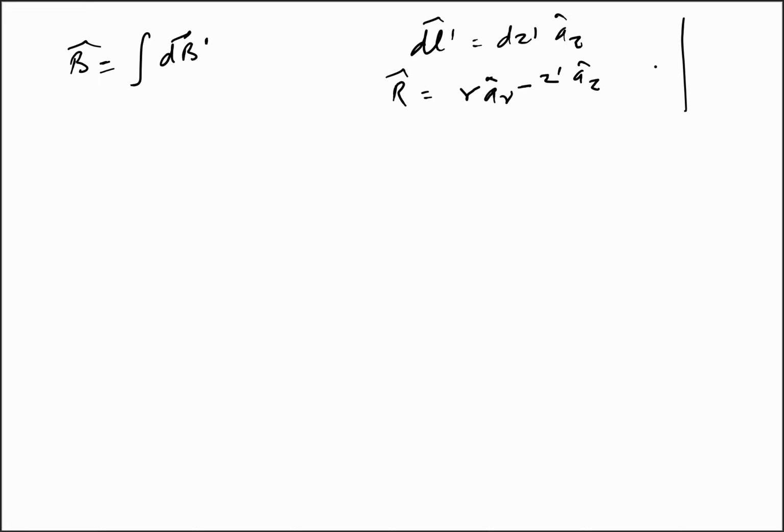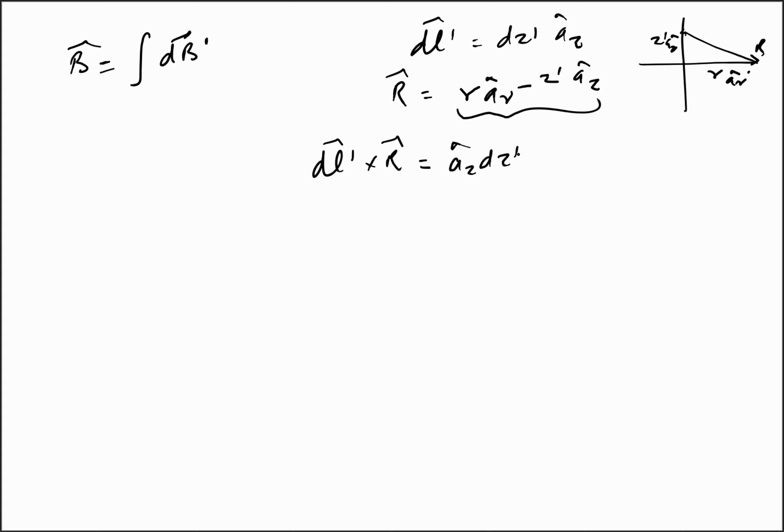From the triangle, this is r ar, this is z' az. So you can find this r is equal to this.